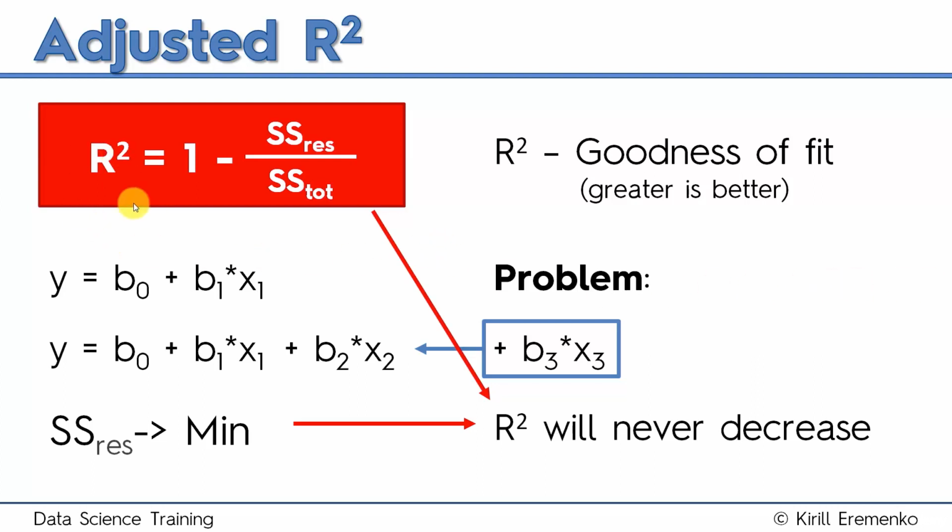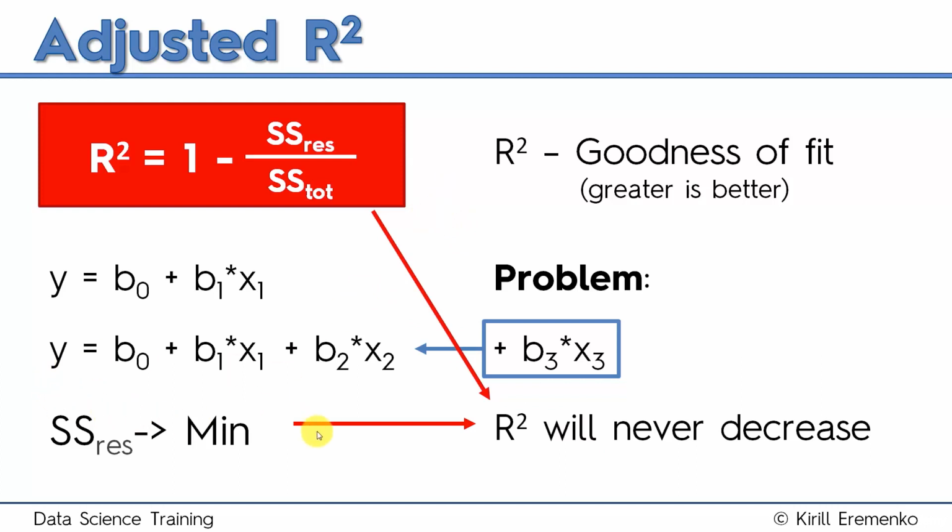So R squared over here is equal to 1 minus sum of squares of residuals divided by sum of squares total. Once you add a new variable to your model, it is going to somehow affect what the model looks like.